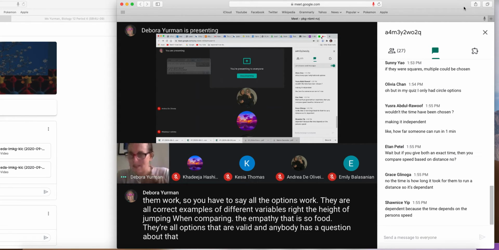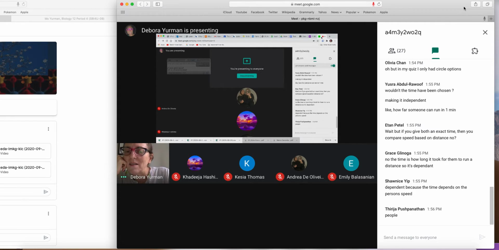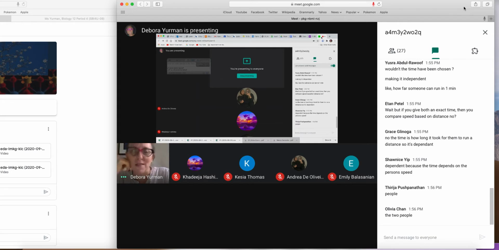This description says the time when comparing the speed of two people. It doesn't say, oh, you went to the shop and walked a kilometer. The time when comparing the speed of two people. So what is it that I'm comparing? What is the independent? What am I comparing? The people. Who's faster? And what is the dependent?